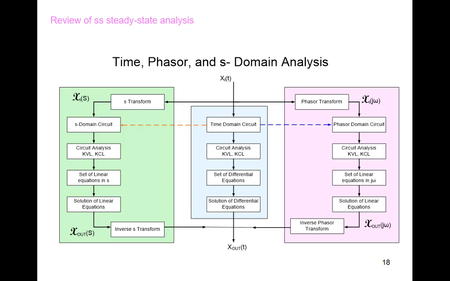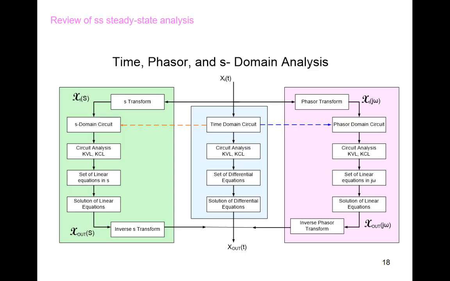Alternatively, we can do the Laplace transform, or the S transform, of the input. We can do the S domain circuit instead of the phasor domain circuit. We can analyze the circuit in the S domain, which gives us a set of linear equations in S. We can solve these linear equations in the S domain.